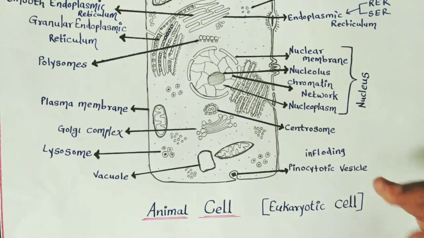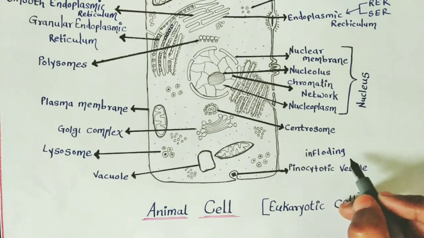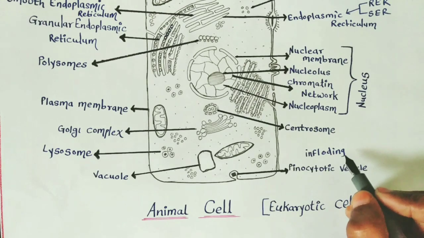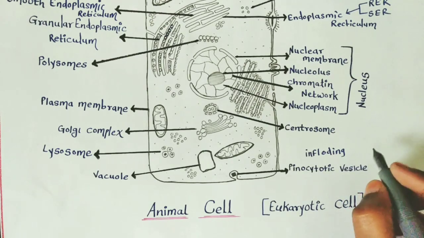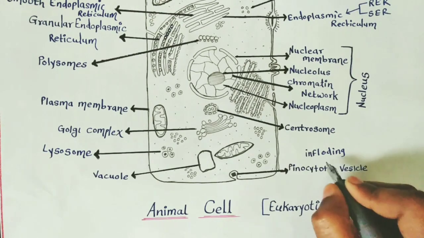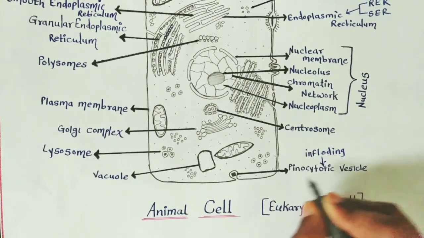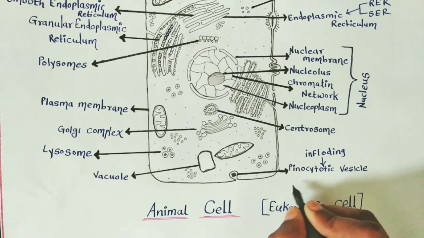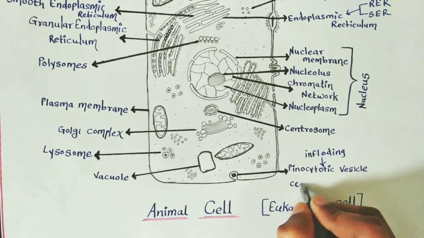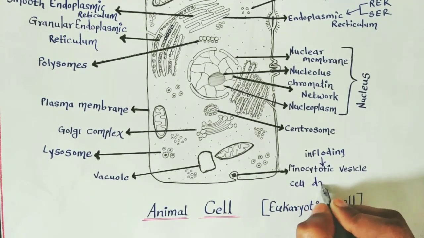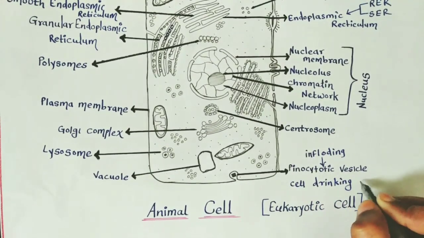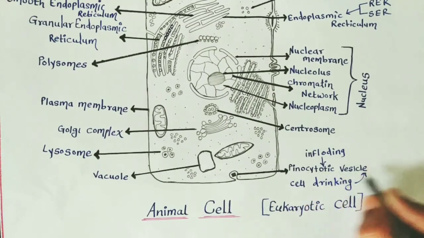The pinocytic vesicle also plays an important role. It forms at the outer membrane of the cell, as shown in the figure. The pinocytic vesicle is found only in animal cells.